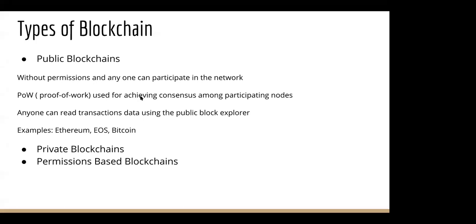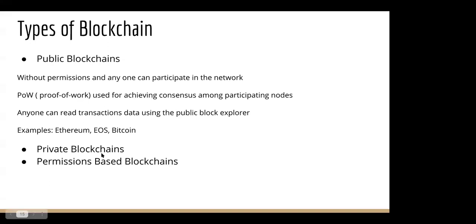And there is some consensus or agreement on something that needs to be there. There are different types of consensus: proof of work, proof of stake, delegated proof of stake. I will not go too much into it, but some sort of consensus needs to be there in public chains. And it's open to everyone, anyone can access the data, anyone can write the data, given that that state change is actually a valid state change, and you are actually paying for that transaction.